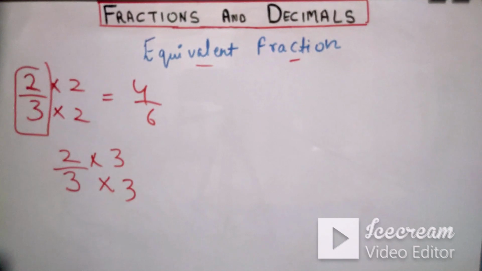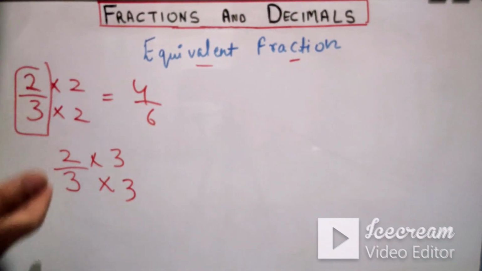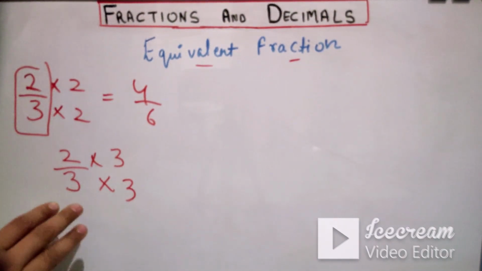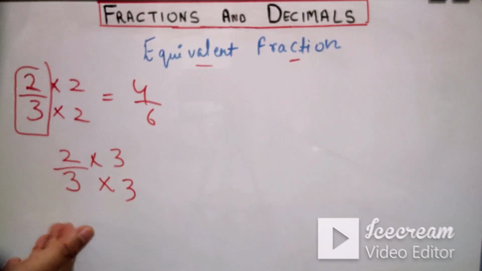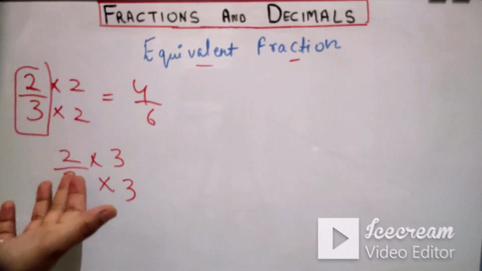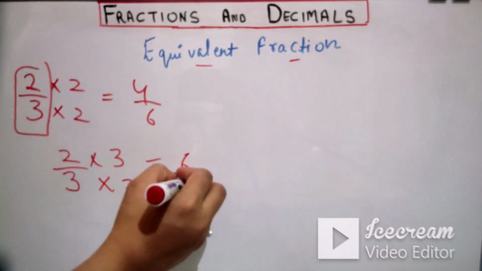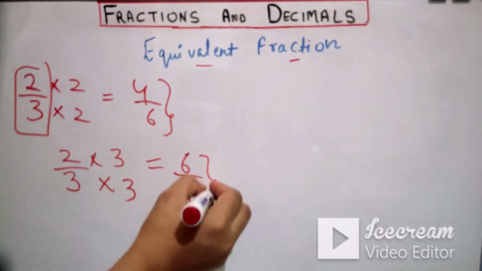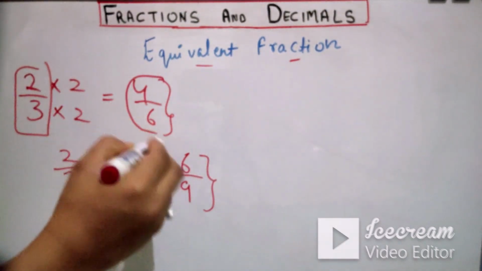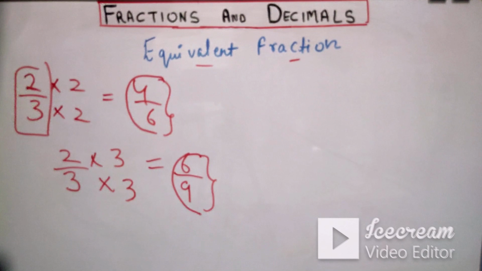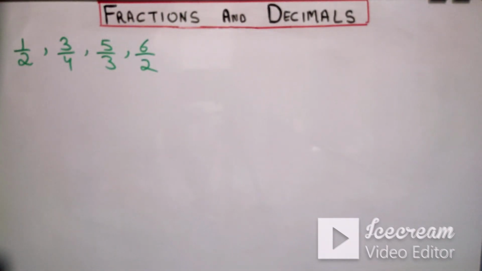If we multiply anything in the numerator, we do the same with the denominator as well, and if we do anything with the denominator, we do the same with the numerator. Like we multiplied 2 by 3, similarly we also multiply 3 by 3. So multiplying by 3 on both sides, we get 6 by 9. These fractions, 2 by 3, 4 by 6, and 6 by 9, are all called equivalent fractions.